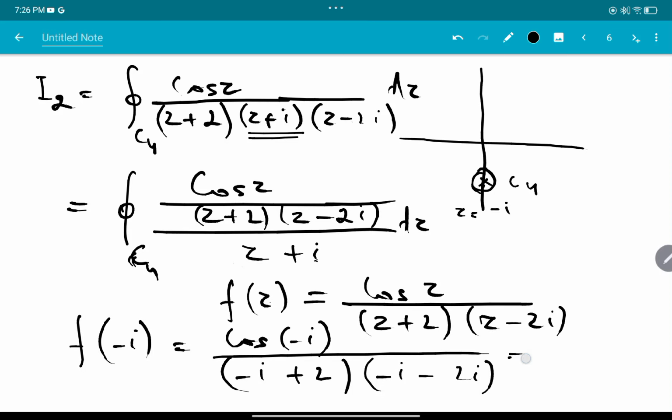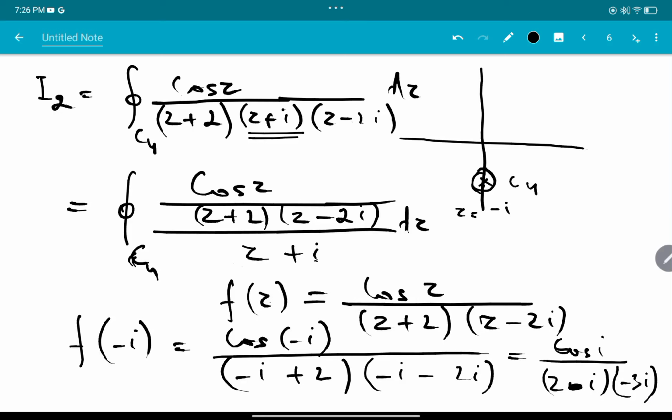So this is cos; if you have a minus with cos, it is simply absorbed. Cos i divided by (2 minus i) into minus 3i. Now this is the value of the function at the location of this singularity.